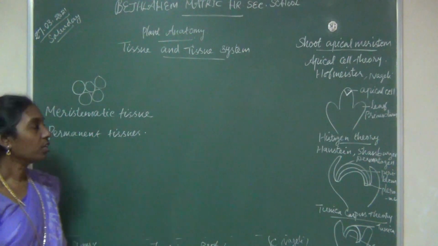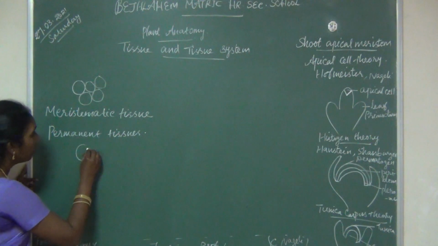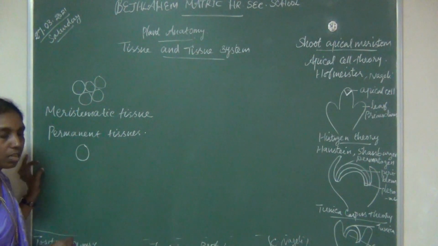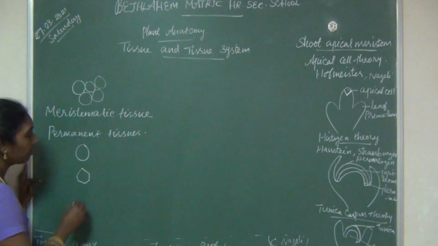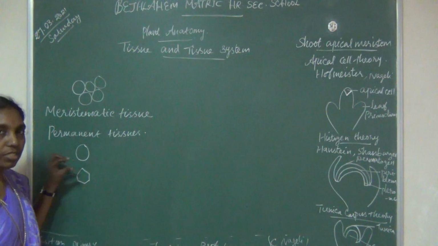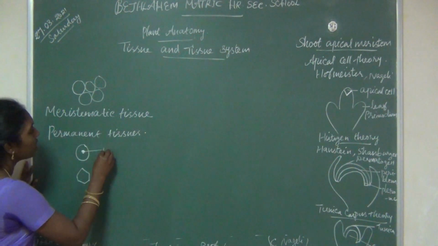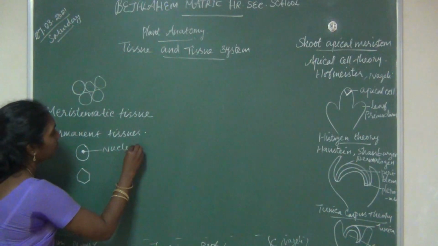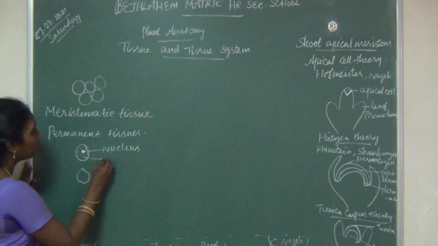The shape of these cells is either round, oval or even polygonal. There are different shapes of this meristematic tissue, which consists of a prominent nucleus and dense cytoplasm.